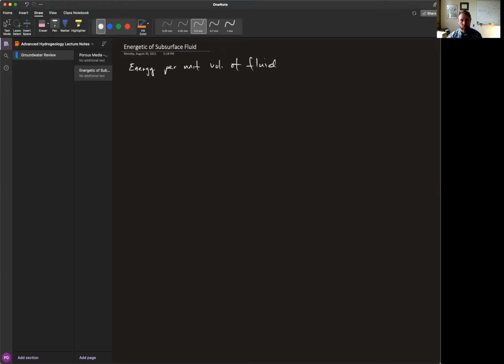And we'll realize why this is an important measurement, but let's do some unit analysis. So energy per unit volume of a fluid. So let's do it like this. E for energy per unit volume of water.